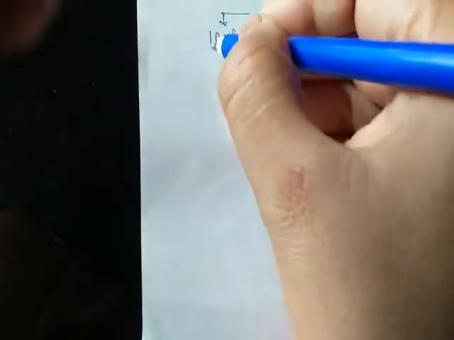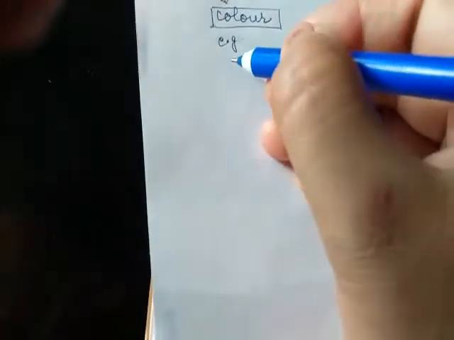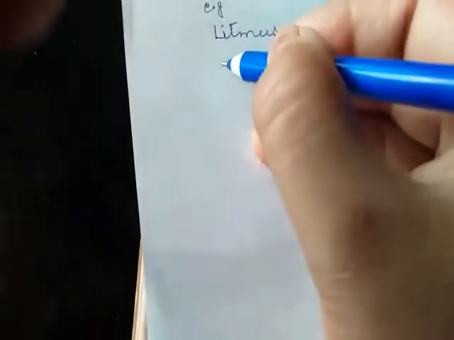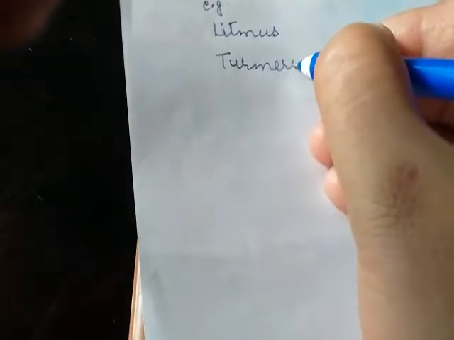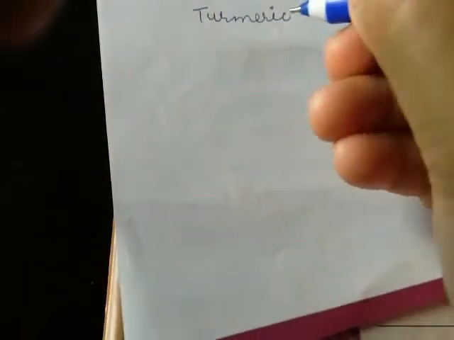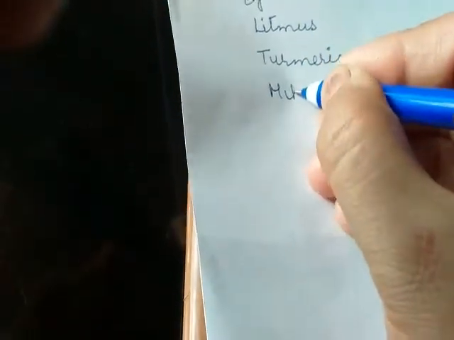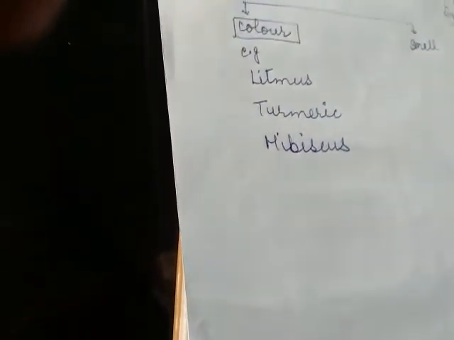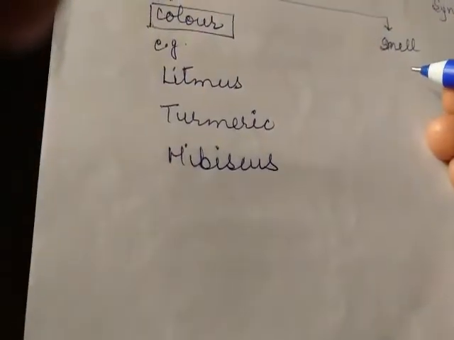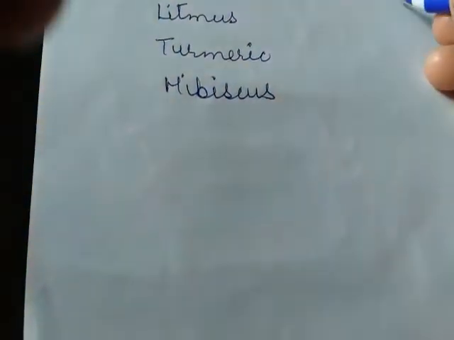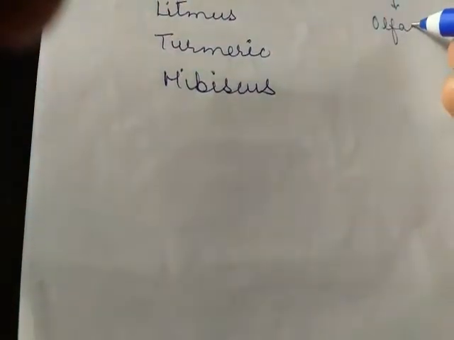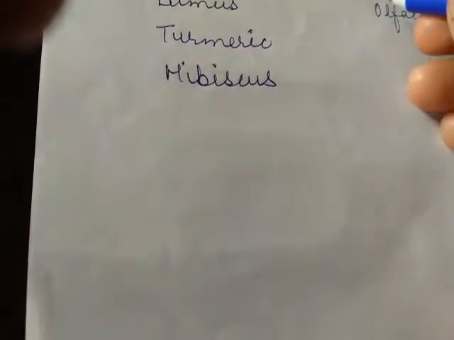On the basis of change of color, examples of this type of indicator are litmus, turmeric, and some plant leaves like hibiscus, etc. And on the basis of smell, the indicator is called an olfactory indicator.